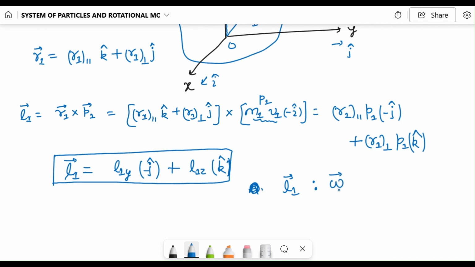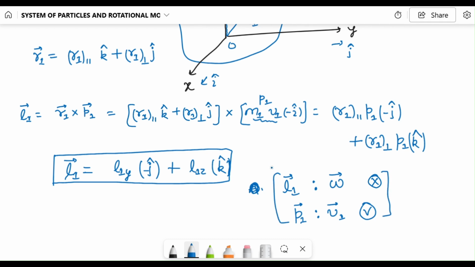Angular velocity and angular momentum here are not along the same direction, as happens in the case of linear momentum, because linear momentum and linear velocity are along the same direction, but this is not the case for angular momentum and angular velocity.